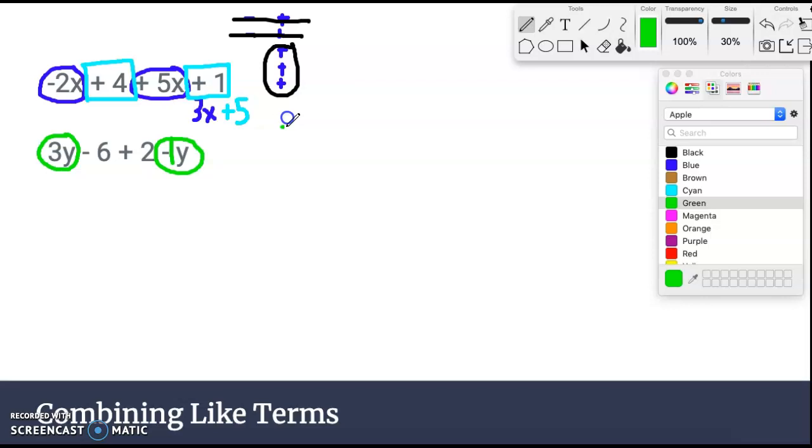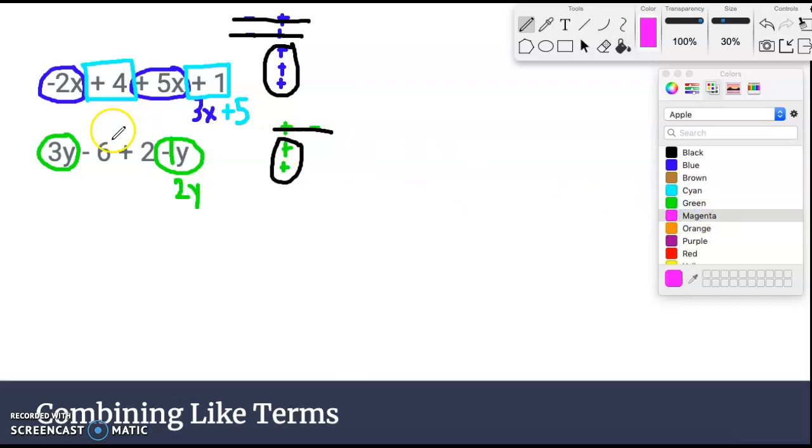So on this one, if I have 3 positive y's and 1 negative y, my opposites combine to equal 0, and I have 2 positive y's left, or you can just think of it as 3 minus 1, which is 2y.